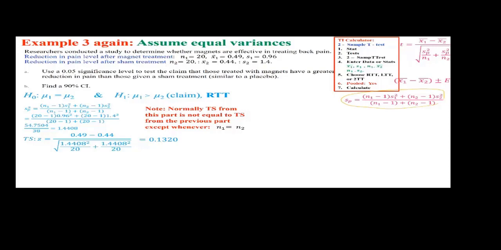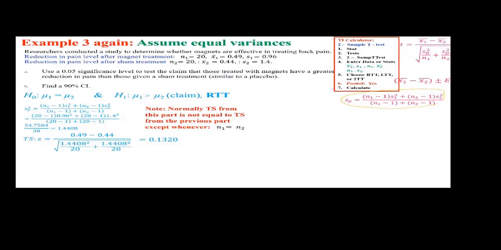Now, the next one is critical value. How do we come up with the critical value? Well, we need a choice of alpha, which is the same as previous page, 0.05. And degrees of freedom, we said, in the case of equal variances, what do we do? We add them up. That becomes the degrees of freedom. That means N1 minus 1 plus N2 minus 1.